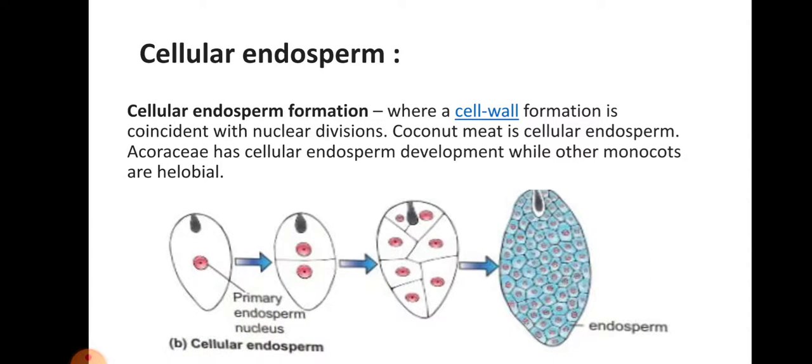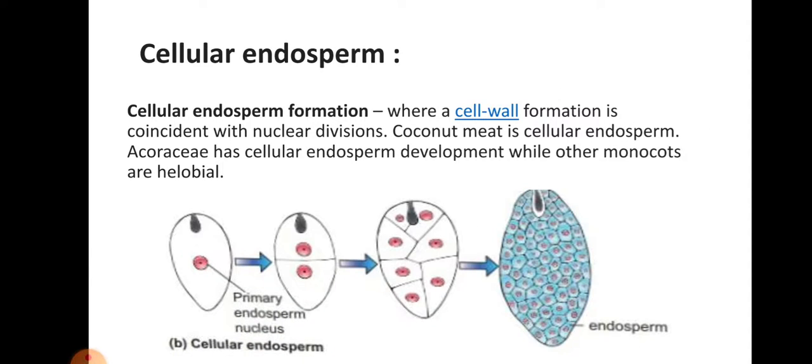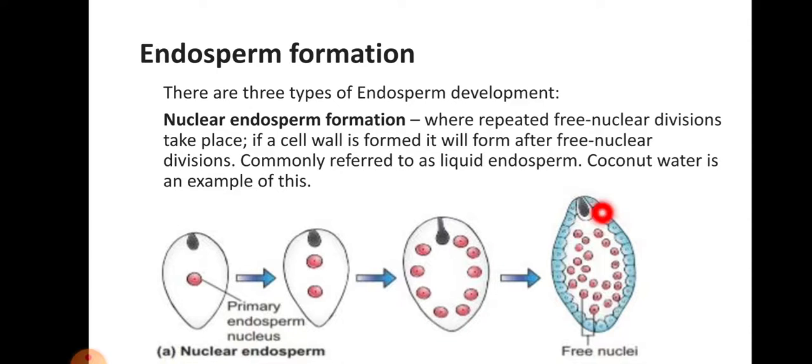Here this sky blue colored part forms cell-like structures. And this free part is the nuclear endosperm, and we will see this in the next slide.